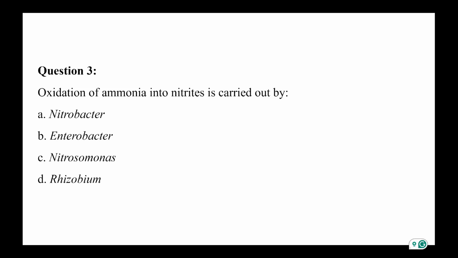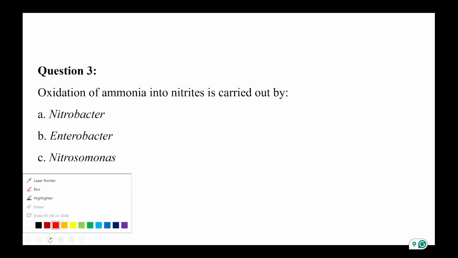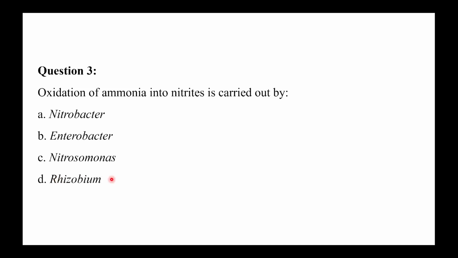Question number 3. Oxidation of ammonia into nitrites is carried out by option A nitrobacter, option B enterobacter, option C nitrosomonas, and option D rhizobium.